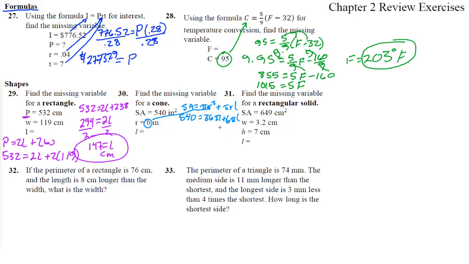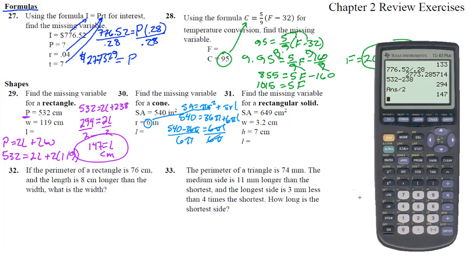All right, can we simplify it? Yeah, the L is already alone, there aren't multiple L's, there aren't fractions or parentheses, so subtract 36 pi, 540 minus 36 pi. If you want to turn that into a decimal, that's fine. Equals 6 pi L, then just divide by 6 pi, divide by 6 pi, and we have L by itself.